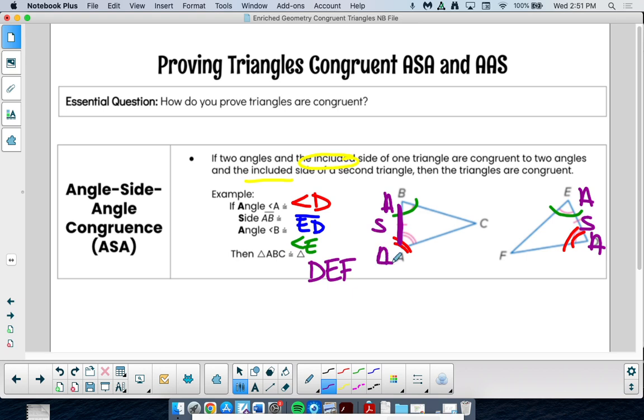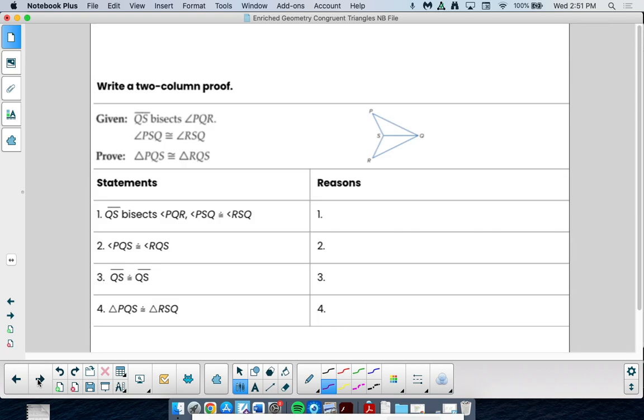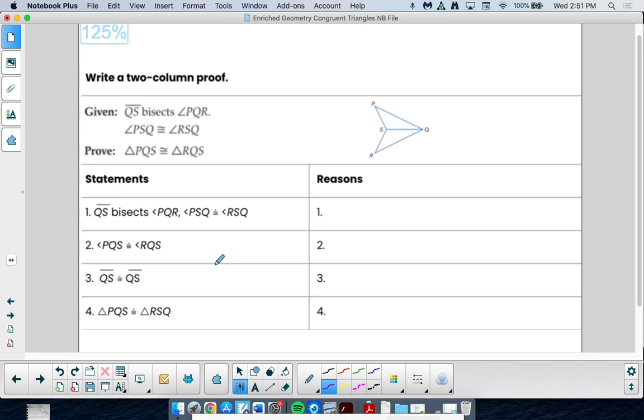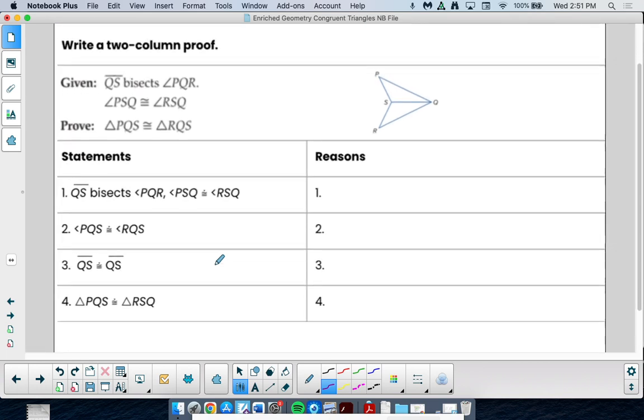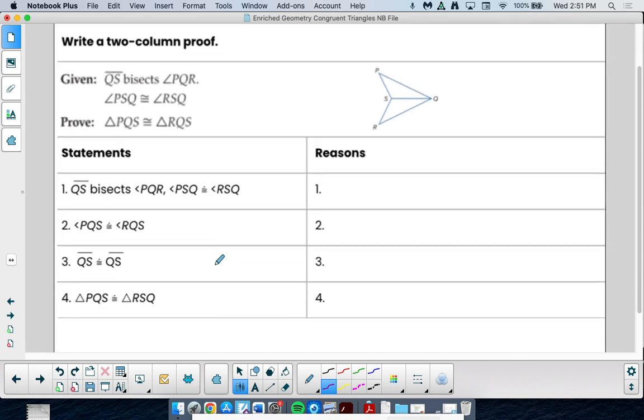Okay, so let's try some proofs with this new shortcut. Write a two-column proof given the following information. Again, we always want to mark our picture. QS bisects angle PQR. So here's angle PQR.